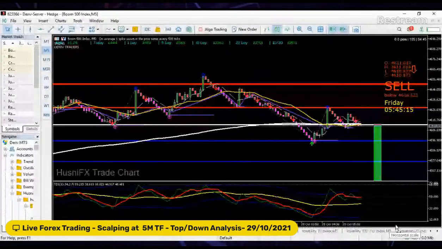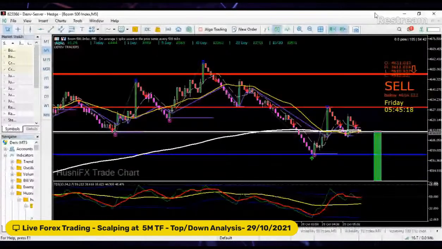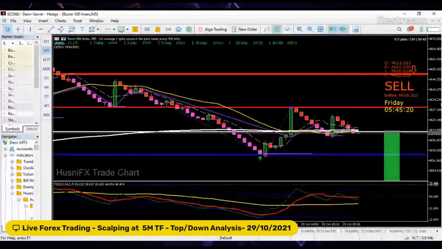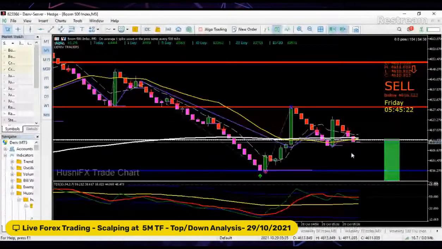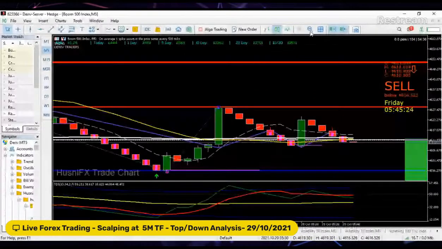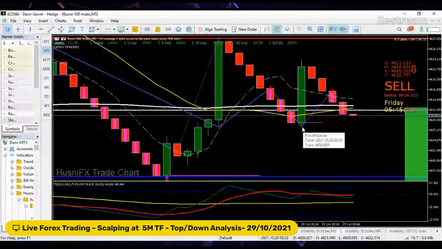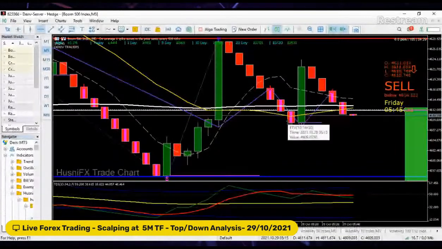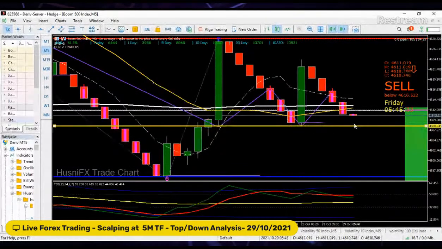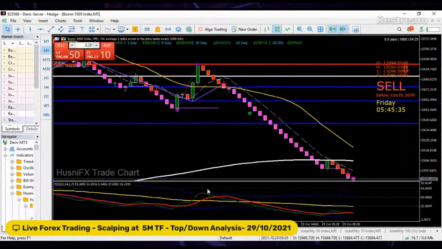So let us go on Boom 1000 also. Let us check this guy because we are expecting the sell. Yeah, the sell should be below this low, below this low. There is where we should expect the crash.